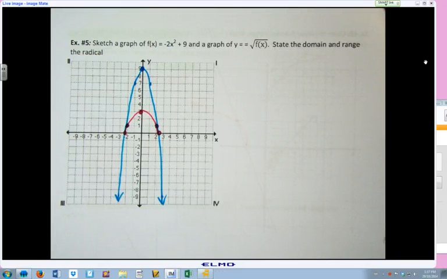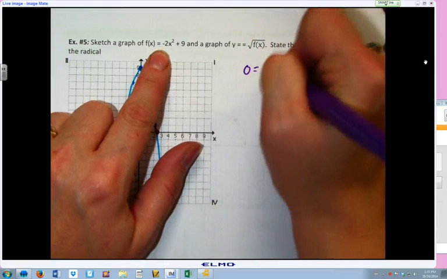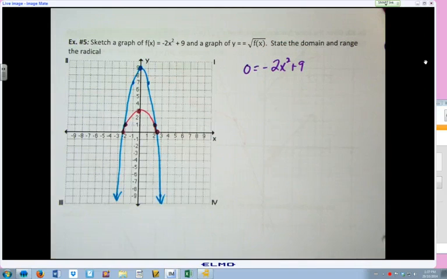So how many ways are there to solve a quadratic equation? 5. What are the 5 ways? Square root.